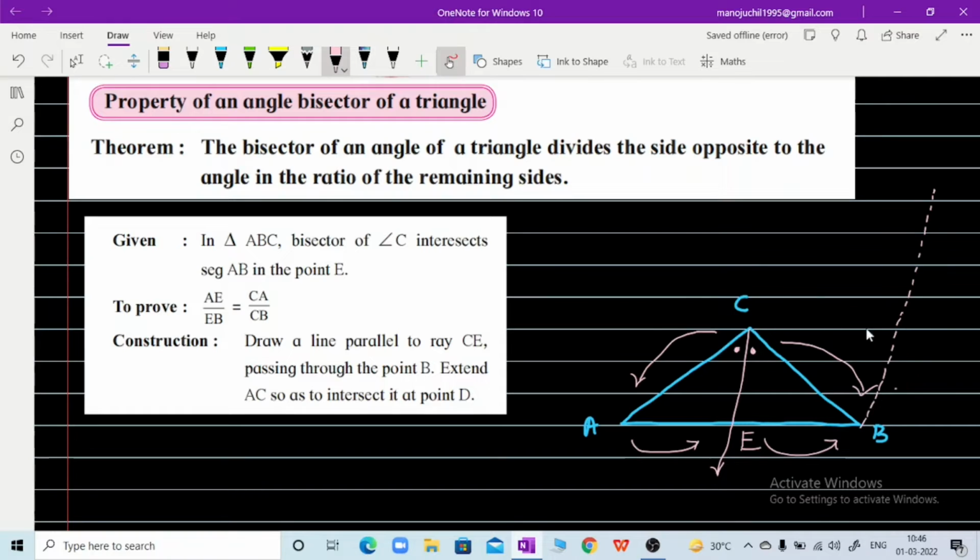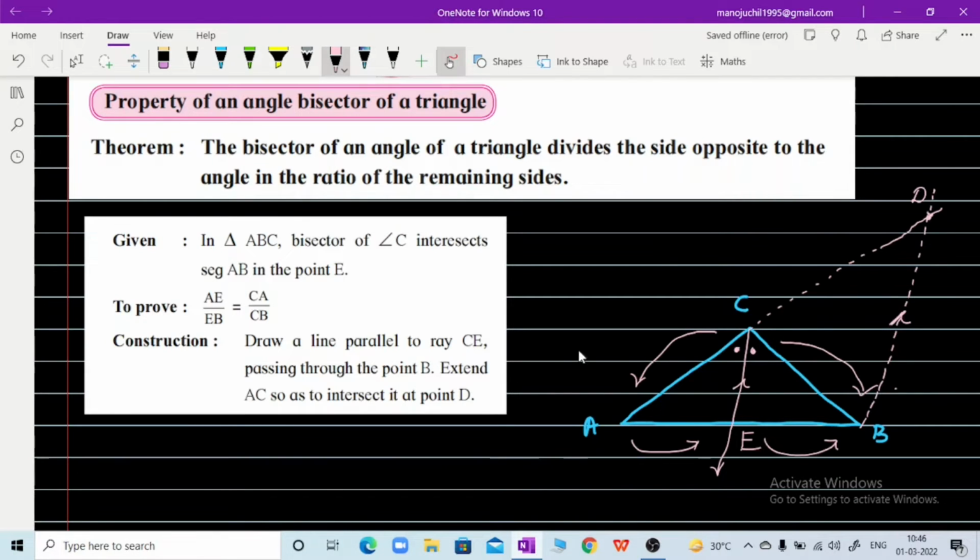It should be parallel to CE, and it should go and intersect AC at point D. So this is my construction. We have drawn BD parallel to CE. It is intersecting AC at point D.